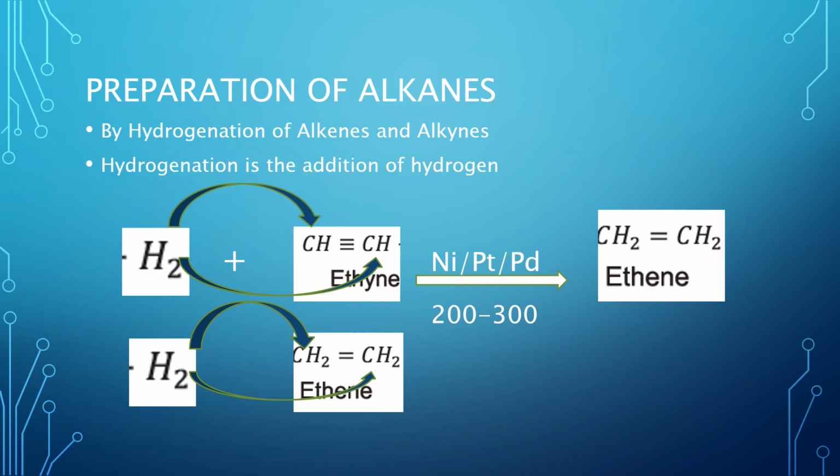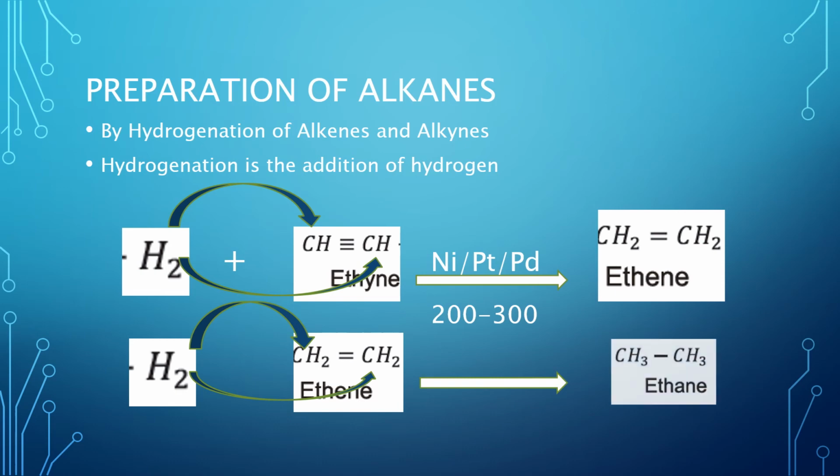So both of these carbon atoms make new bonds with the hydrogen atoms, and now our product is ethane. The double bond present in ethene is transformed into a single bond by the addition of hydrogen.